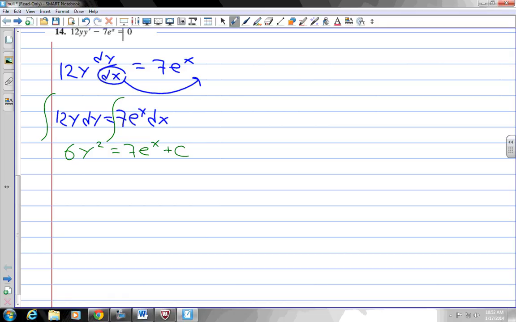You can go ahead and solve for y, and you're just going to get that plus or minus square root. But that's an answer where the solution is defined implicitly. If you want to solve for y, which you don't have to, y would be plus or minus the square root of 7 e to the x over 6. But that's the idea.